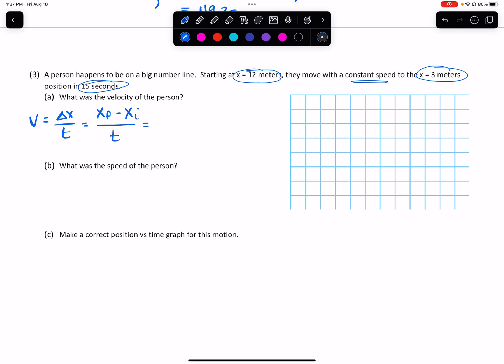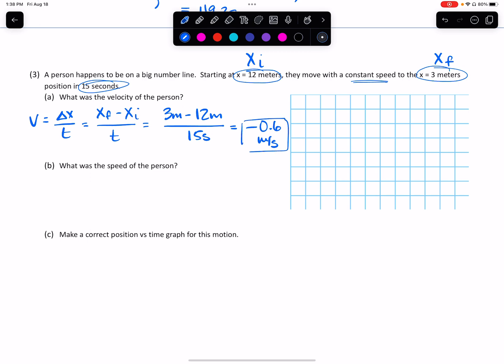My initial position is 12 meters and my final position is 3 meters. So 3 meters minus 12 meters divided by the 15 seconds it took me to walk that is going to give me a velocity of negative 0.6 meters per second.